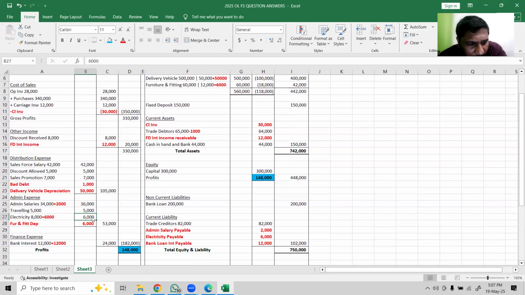Electricity expense is 14,000, no? Yes, correct. Now fine. Then profit is changing to 140. Now it's balancing. Yes. Electricity expense is 14,000.